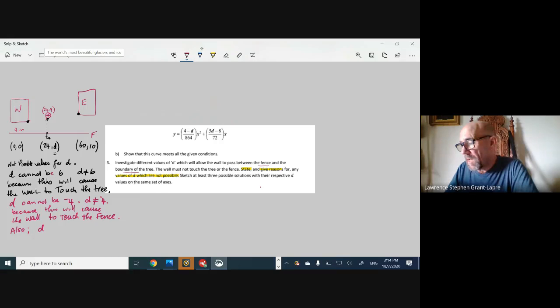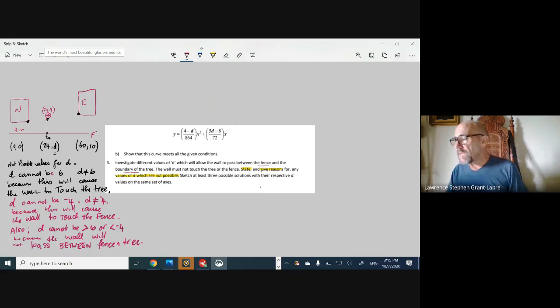D cannot be greater than 6 or less than -4 because the wall will not pass between the fence and the tree, which is our condition.